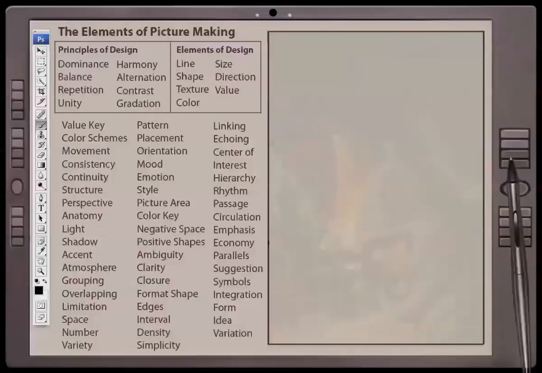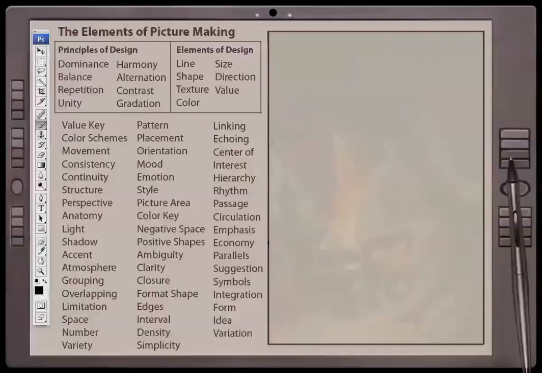Organization means to bring order to the various parts of a composition. There are so many parts, so many elements that need to be organized, and the way that's done is by way of the principles of design. So as I mentioned, a design theme or compositional theme can be a plan.